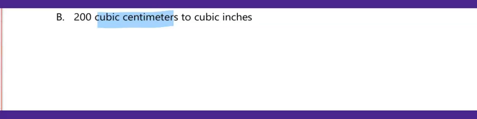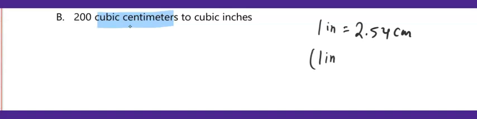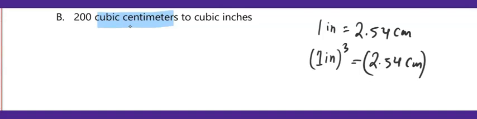In this question you've got to convert cubic centimeter to cubic inches. These are the volume units, and notice that 1 inch equals 2.54 centimeter as a length. So if you cube both sides, 1 inch cube equals 2.54 centimeter to the power of cube.